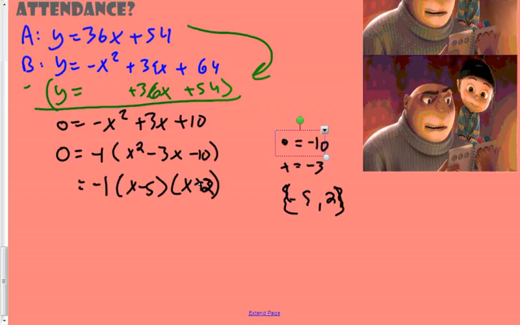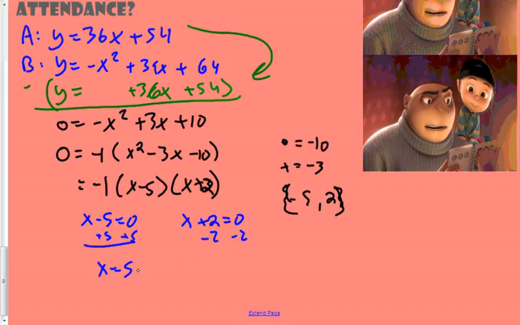And when we set them equal to 0, the negative 1 kind of just goes away. And we have x minus 5 equals 0. This is the zero product property. x plus 2 equals 0. And you subtract 2 from the right one, add 5 for this one. And you end up getting x is equal to 5, or x is equal to negative 2.